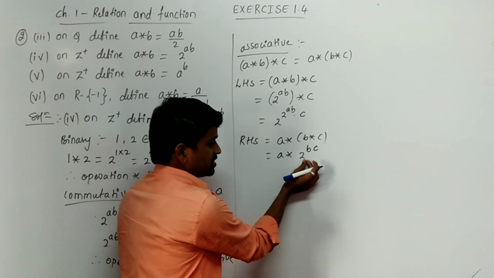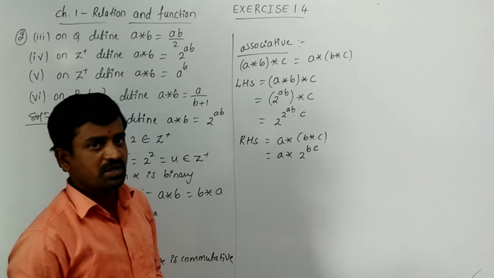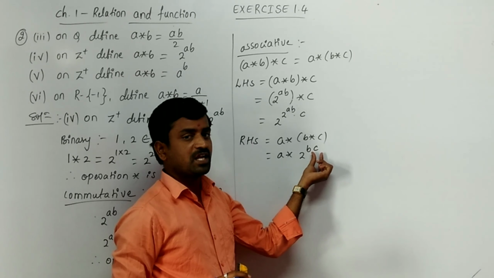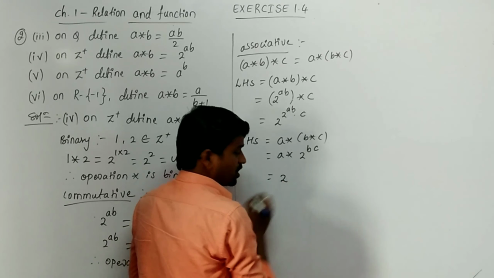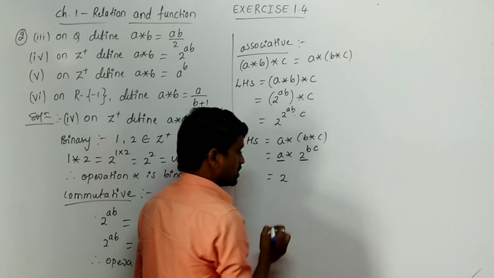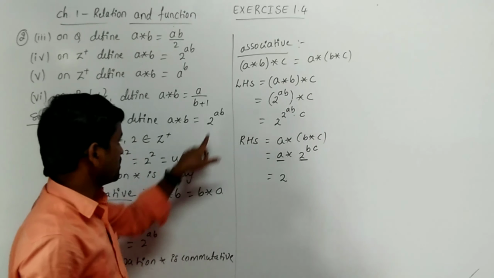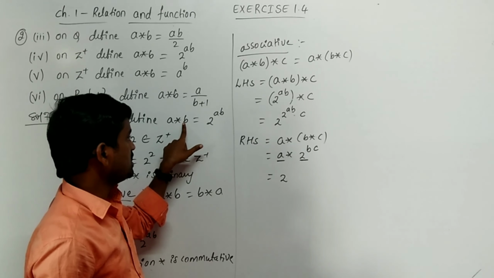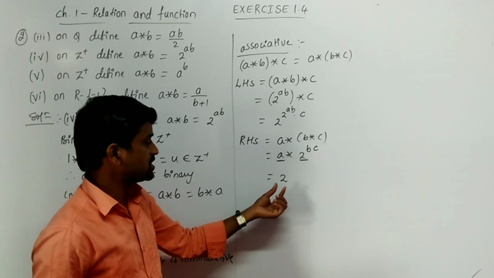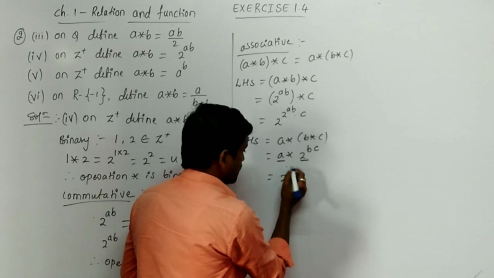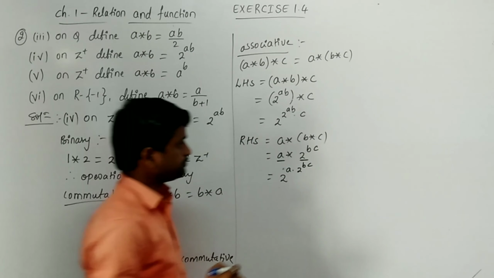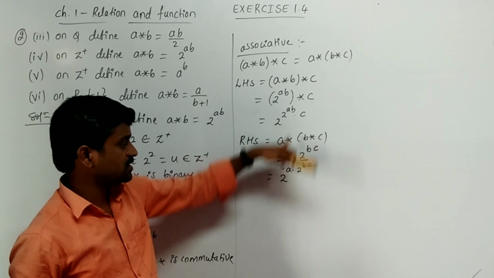Then a star this term: a star b is defined by 2 to the power of a into b. a star 2 to the power of b into c is 2 to the power of a into b, where a is one term and 2 to the power of bc is the b term. So a star 2 to the power of bc means 2 to the power of a into 2 to the power of bc. This is LHS, this is RHS.